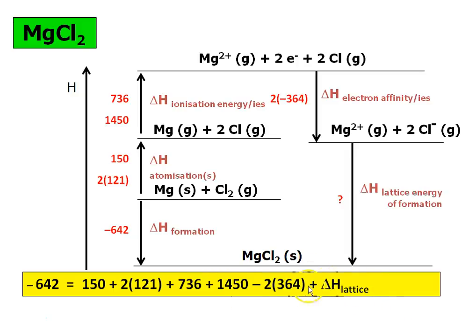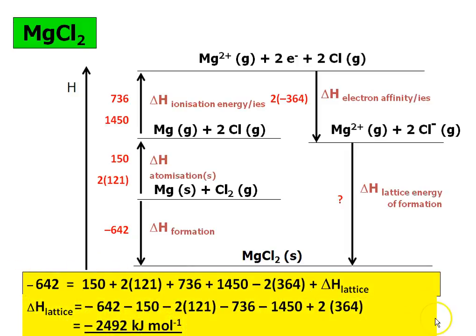We want this on its own, so obviously we're going to have to bring these values across and change the signs. And hey presto, there you go. Minus 2492 kilojoules per mole. You have to be really, really careful here with the signs.